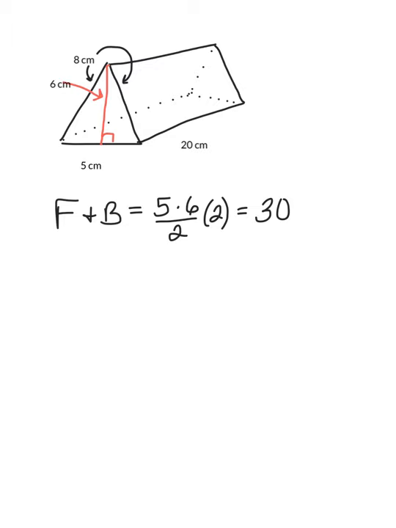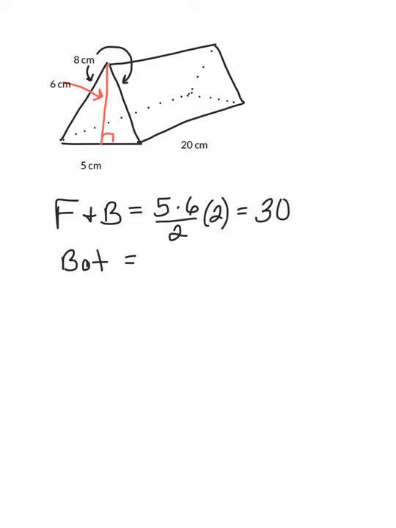Then we have a bottom. All the rectangles going around this are not the same size, I'm noticing. My bottom rectangle, if this is like a tent, the bottom of my tent would be 5 by 20. Trace around it if you need to. Okay, it's touching the 5 and the 20 when I trace around it.